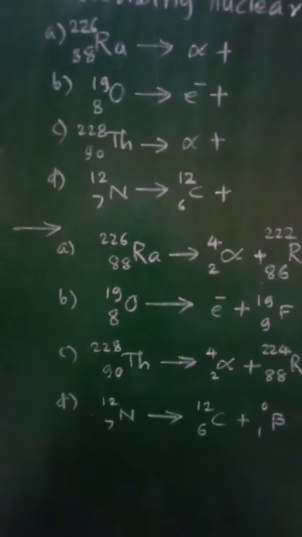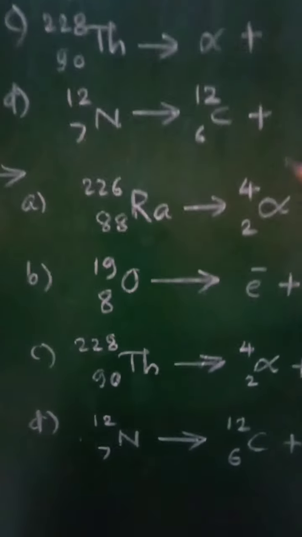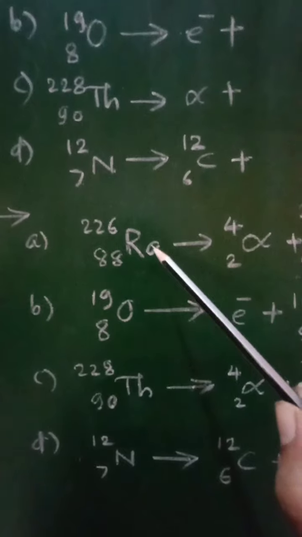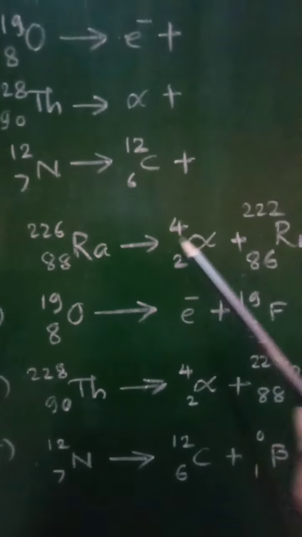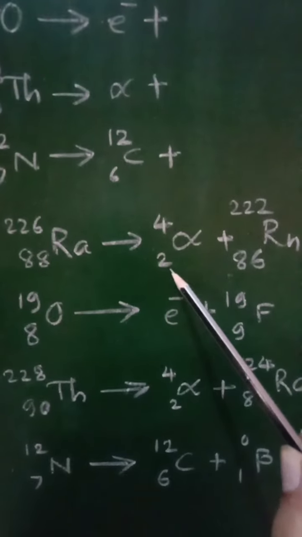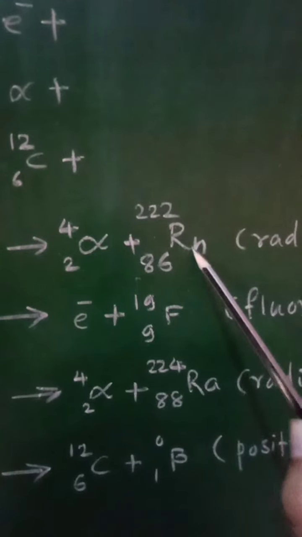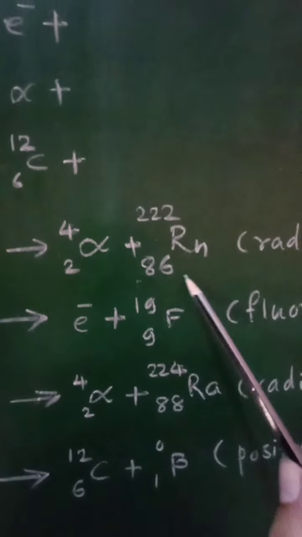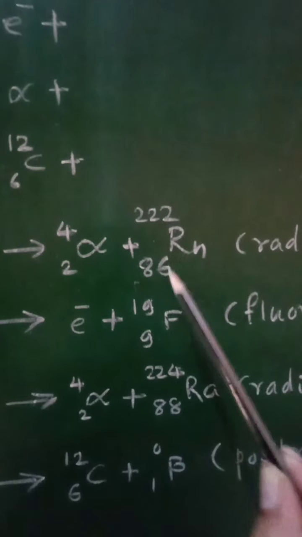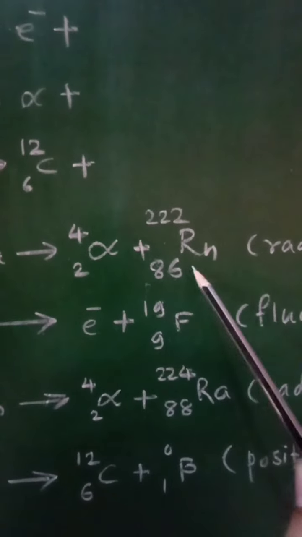And therefore, in order to complete these reactions, let us see the first equation for radium. When it undergoes decay, an alpha particle having atomic number 2, mass number 4, along with radon, Rn, having atomic number 86 and mass number 222, will be emitted.